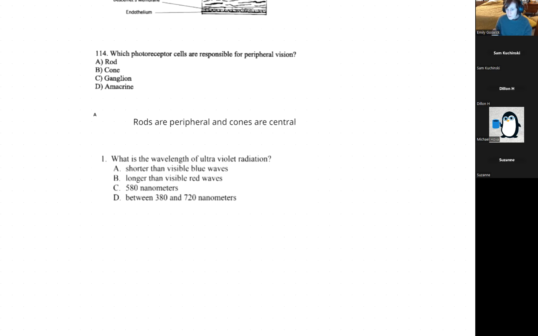Is it A, shorter than visible blue waves, B, longer than visible red waves, C, 580 nanometers, or D, between 380 and 720? So this is pretty hard. Again, the UV spectrum is something that you're going to want to know the basics of. Before we look at those numbers, I just wanted to remind you what it kind of looks like as a picture.